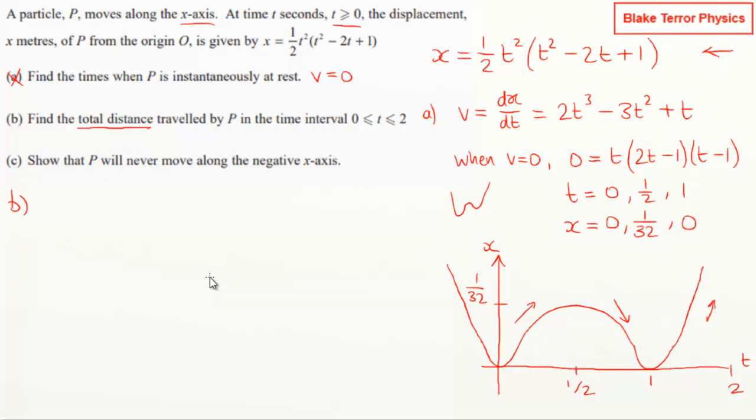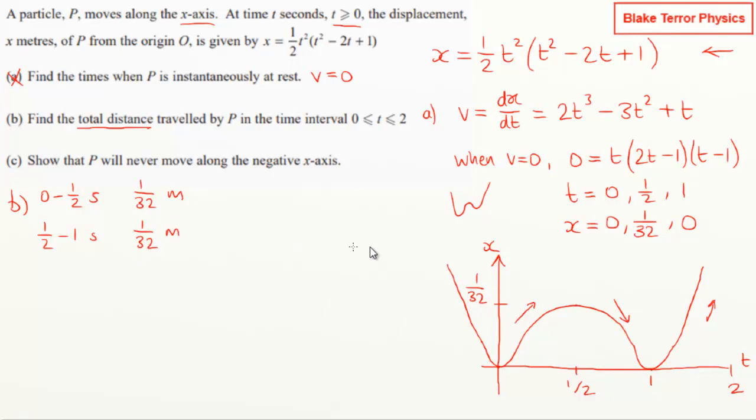So for part B, how far have we travelled in 0 to a half? Well, we've gone from 0 to 1 over 32. So for 0 to a half of a second, we've travelled 1 over 32 meters. And then for a half to 1 seconds, we've also travelled 1 over 32 meters, because we've gone back to 0 displacement.